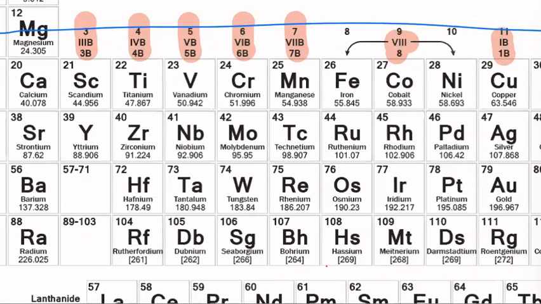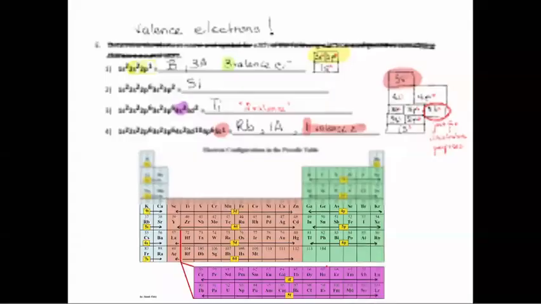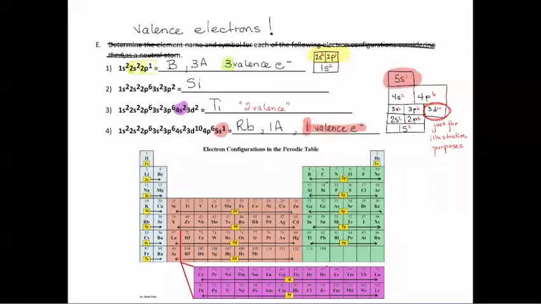Now, when it comes to silicon, silicon actually is part of the representative elements. So what is the group number for silicon? Silicon is a representative element.